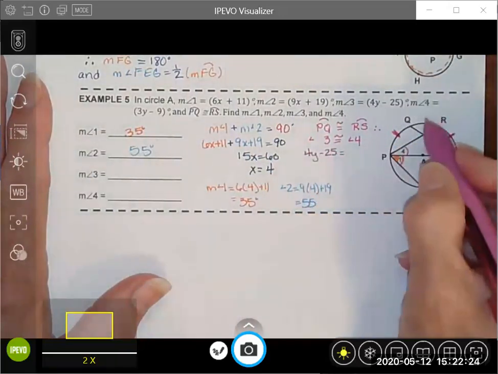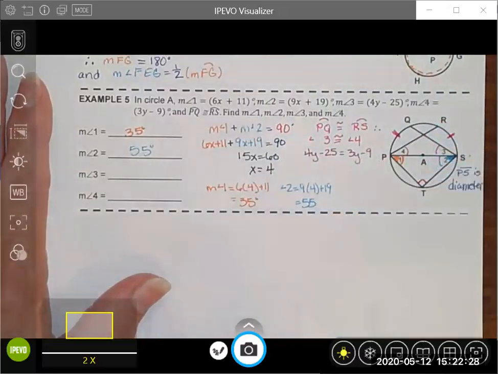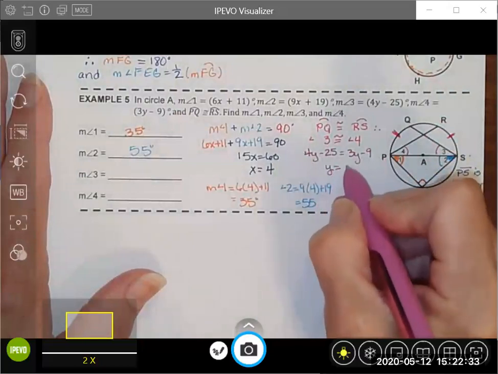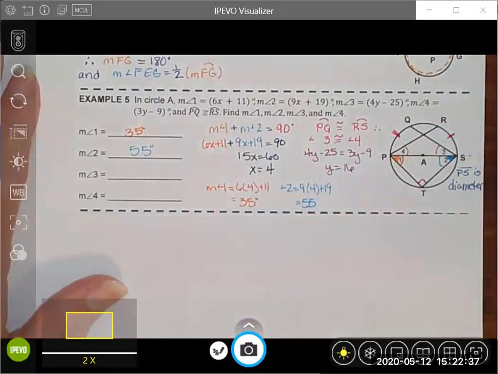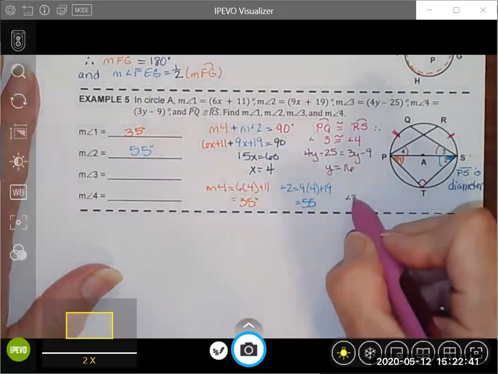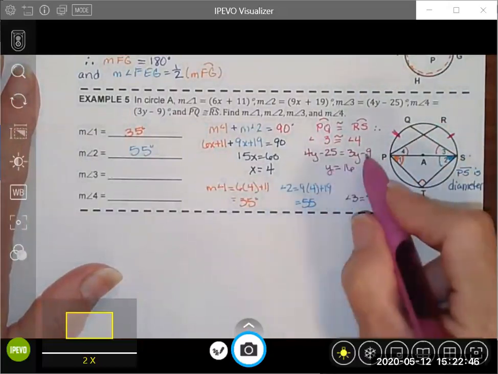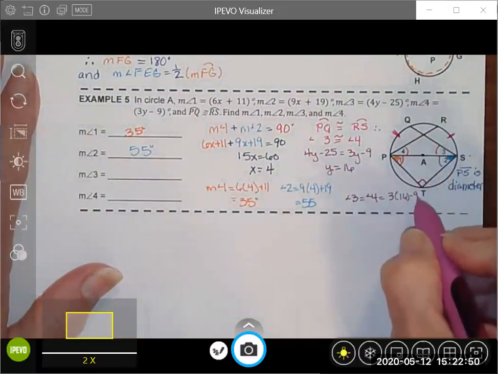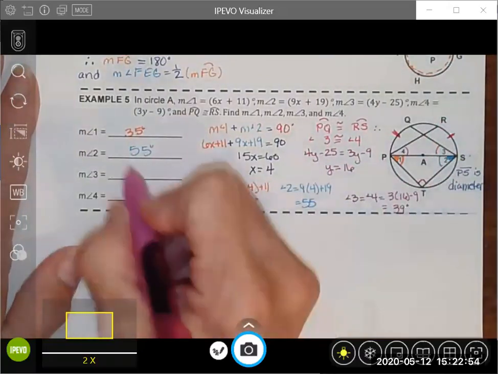It's congruent to angle 4, which is equivalent to 3y minus 9. And again, when I do my algebra, I end up with y equals 16. And then I can substitute back into each of those, or even just one of them, because I know angle 3 is equal to angle 4, which is equal to, pick your favorite, 3 times 16 minus 9, and that comes out to 39 degrees.